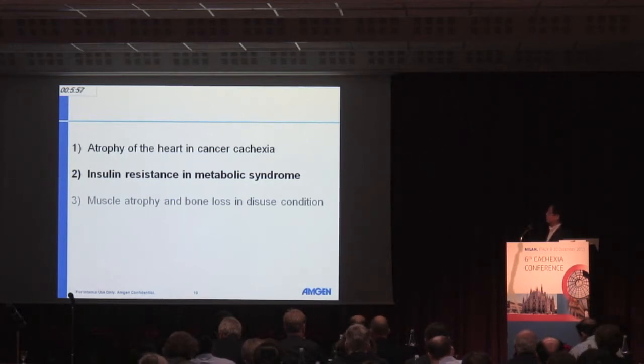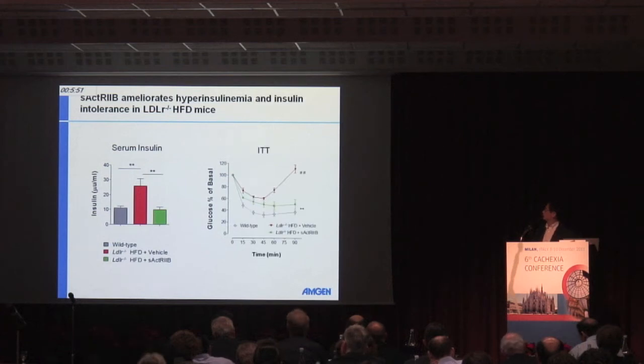So the second aspect is about insulin resistance. Here, just quickly show two pieces of data. All the data I'm showing here were generated from this LDL receptor knockout plus high-fat diet mice.